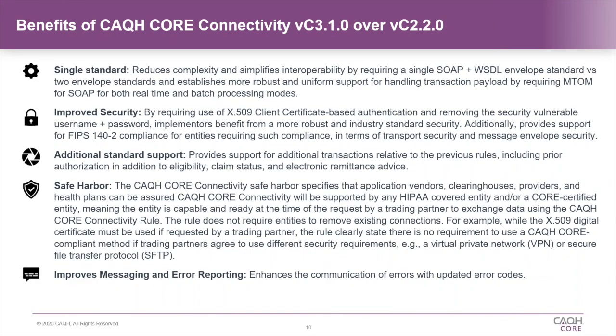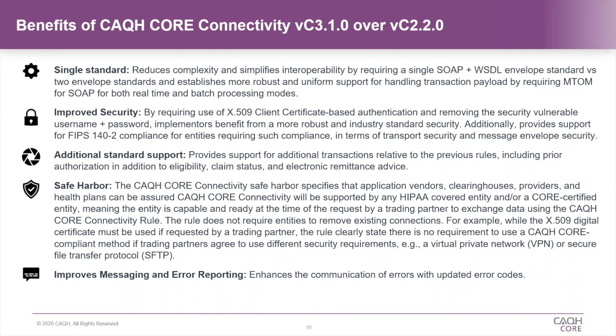There are key benefits for this latest version of the core connectivity. First, having a single standard using SOAP plus WSDL envelope standard, for example, versus 2, allows for the industry to become more simple in its support for the core connectivity standards. Additionally, improved security.